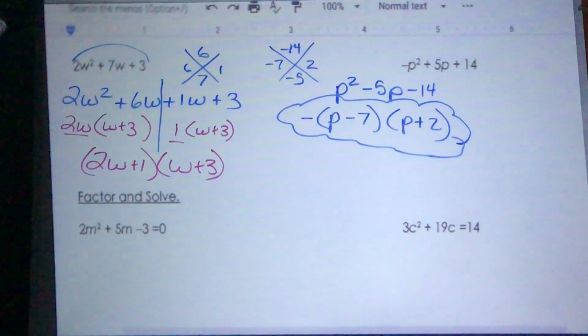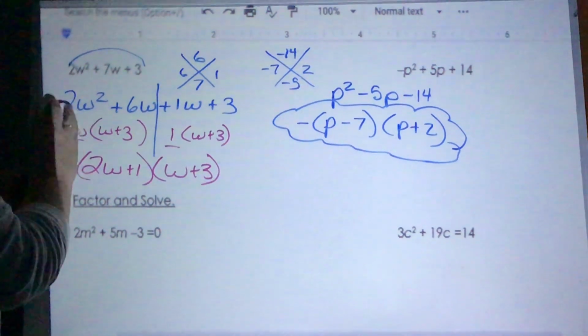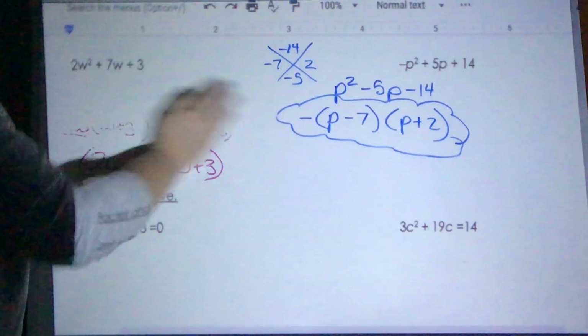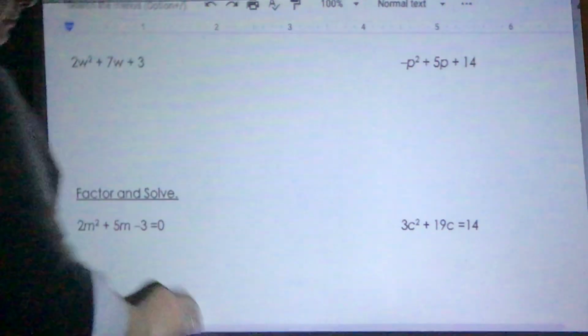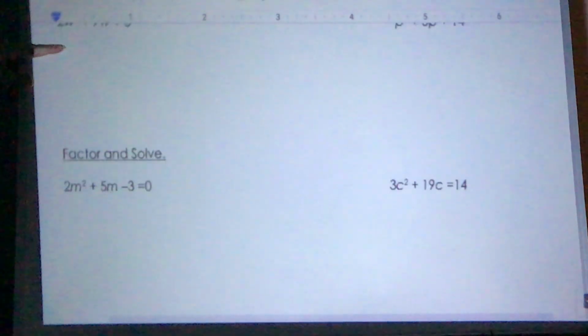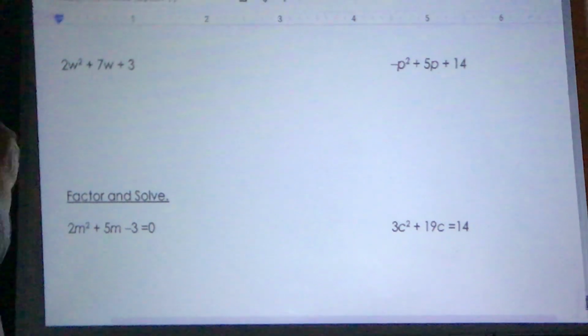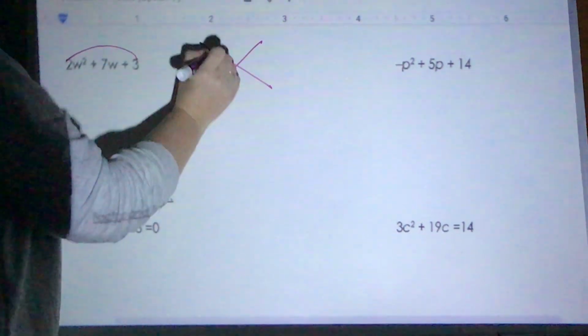Before we do the factor and solve ones, I'm going to show you the other method. And I'll use this example over here. You might like this lazy method better. So for this lazy method, I'm going to do the a times c again. So we're always doing that.